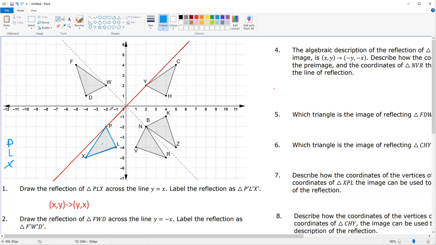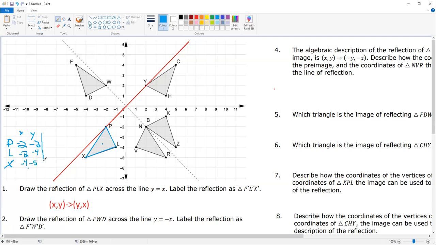All right, so P is -2, -2. This is X and Y. Okay, L is -2 and -4. And X is -4 and -5.